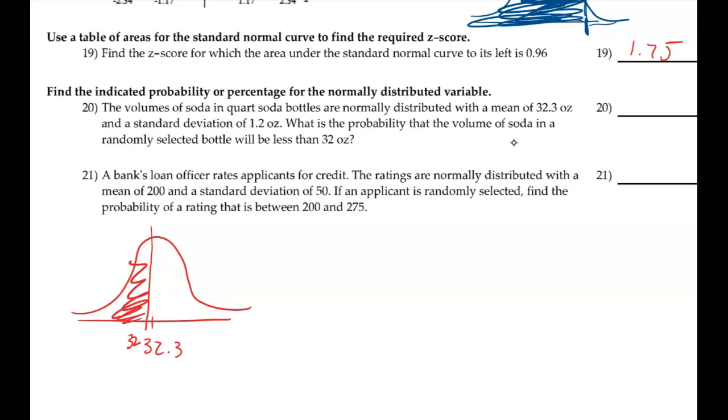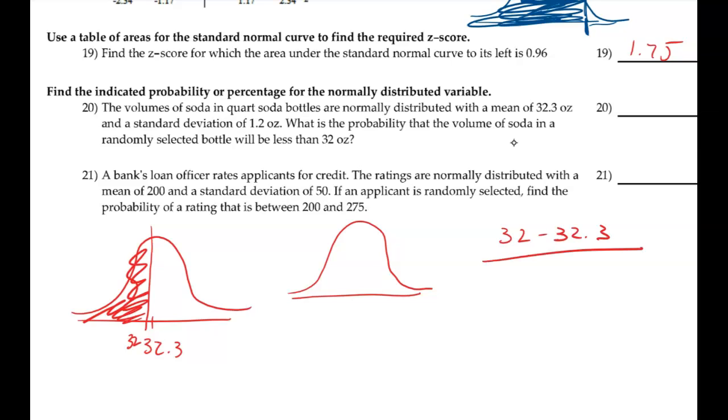And it's less. So again, you've got to standardize it. I want 32 minus 32.3 over my standard deviation of 1.2. So that's what? Negative 0.3 over 1.2, and it's negative 0.25.